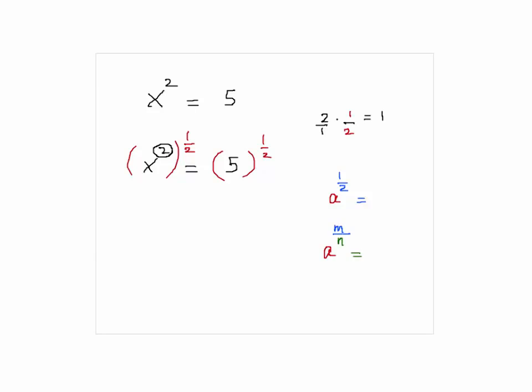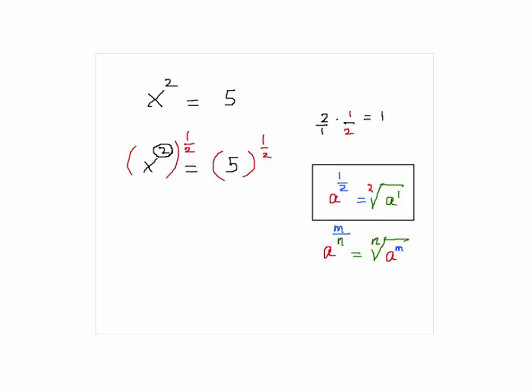As a matter of fact, if I have a to the power of m over n, that means this is the same as the nth root of a to the power of m. So remember that. So this would really be the square root of a to the power of 1. So a to the power of 1/2 is the square root of a.